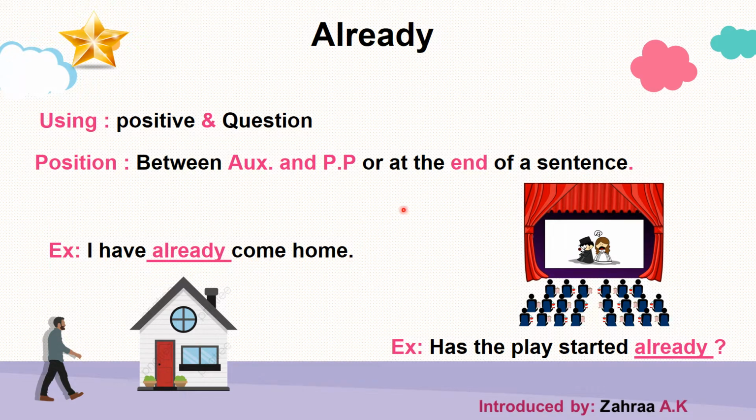So how about the end of a sentence? كيف راح يكون موقعه إذا كان في نهاية الجملة؟ Such as: has the play started already? هل بدأت المسرحية سابقا أو مسبقا؟ We notice already is at the end of a sentence. إذا موقعه إما ما بين الفعل المساعد والتصريف الثالث للفعل، أو at the end of a sentence، أو في نهاية الجملة.